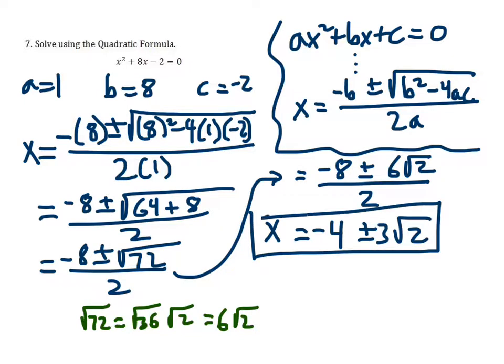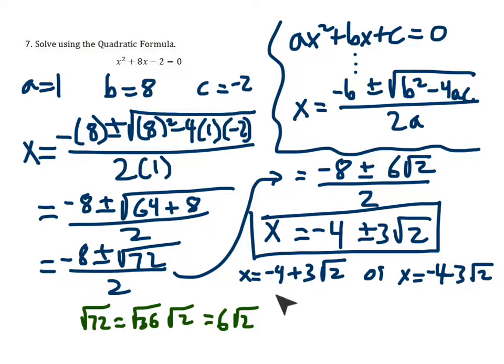Actually, this is our solutions, plural, because this is 2 answers. x equals negative 4 plus 3 square root of 2, which is a decimal number you can figure out, or x is negative 4 minus 3 square root of 2. That "or" doesn't mean pick whatever you like. It means it's both of them, and it just can't be the same thing at the same time, or 2 different things at the same time. So anyways, there's how we use the quadratic formula. Let's try another one.